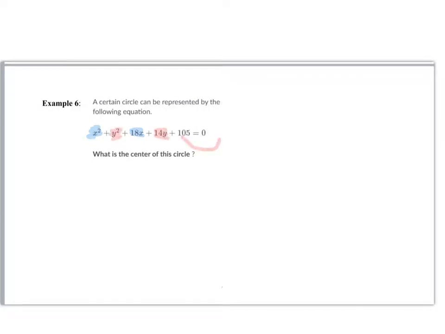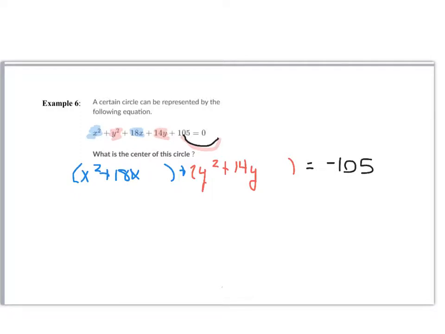And this last piece is going to go on the end by itself. So I'm going to go for the x's first. That means this is x squared plus 18x plus, and then I'll do my y's, which is y squared plus 14y equals, and if I take this over here, it gets the opposite sign, so -105.